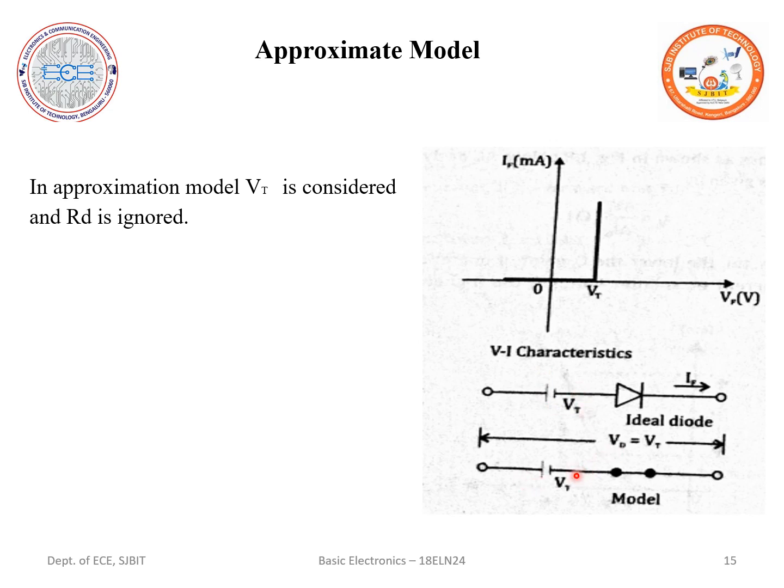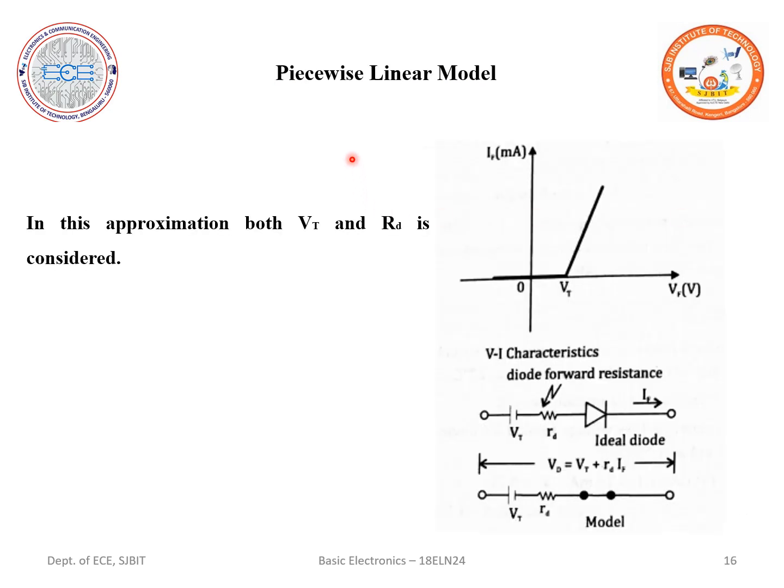So my diode acts as a closed switch as well as an open switch along with the Vt voltage in the approximate model. In the piecewise linear model, along with the threshold voltage, we have a dynamic resistance present. So it is represented with the help of Vt along with the dynamic resistance Rd, as shown here.